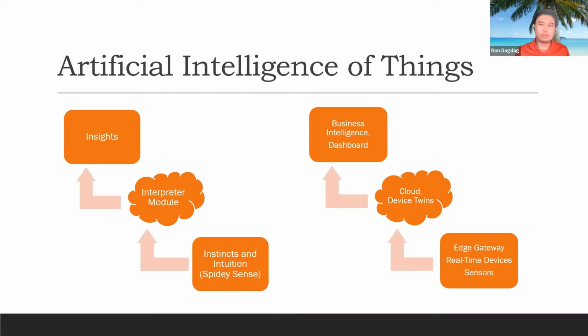Like what I said, our bodies give us that capability of instincts and intuition, more like a Spidey Sense, which feeds that data to our interpreter module, which is our nervous system, into our brains. And of course, our brains analyze those and build insights and what we learned from that experience. One good example is when you get into an accident.